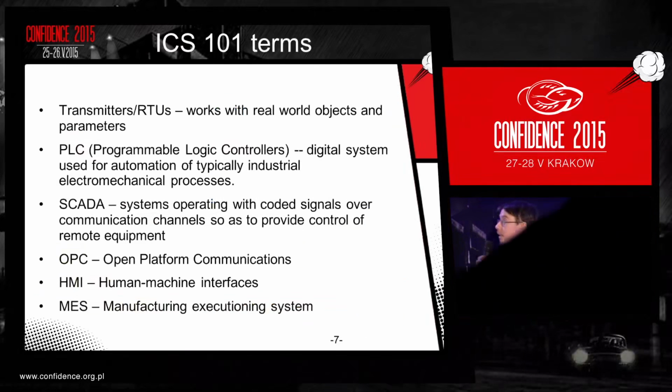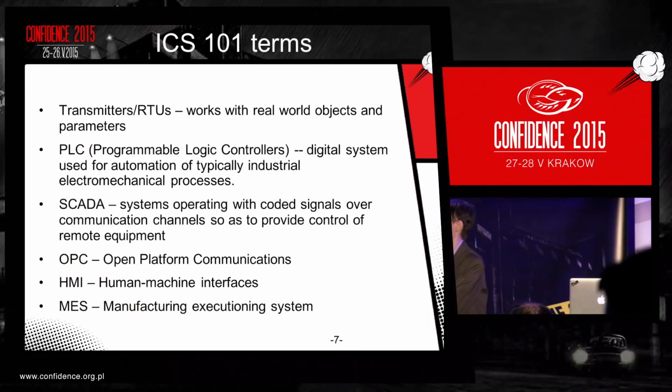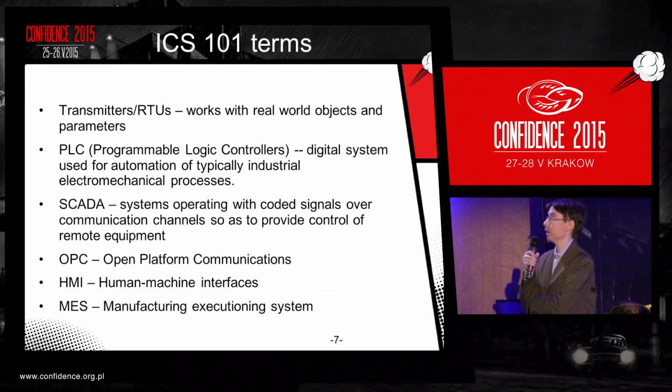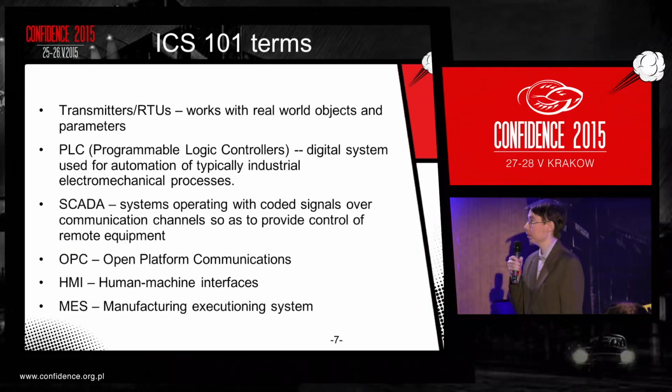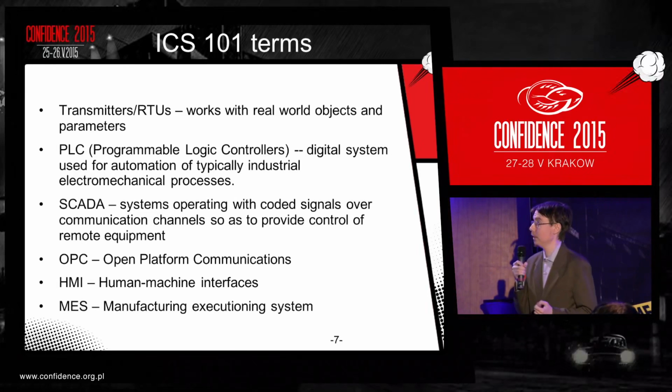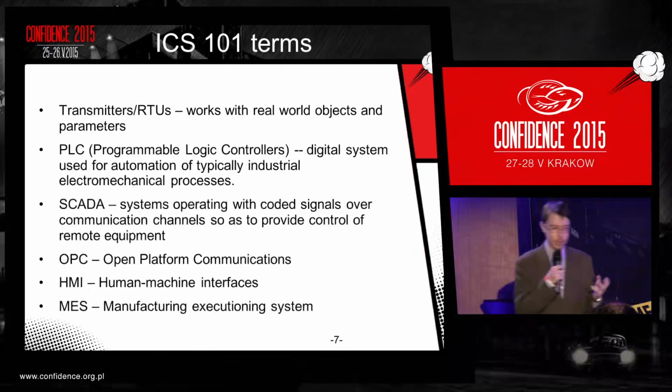Here are some basic ICS terms. We already discussed transmitters. Now it's time to give an introduction to other terms. PLCs, programmable logic controllers, are digital systems used for automation of typically industrial electromechanical processes.